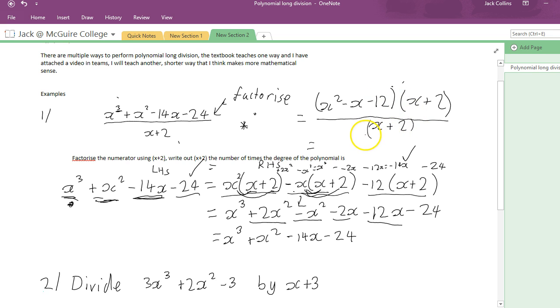Because they're multiplied together, we can cancel this x plus 2 with the x plus 2. We're just left with x squared minus x minus 12. And that's our final answer.